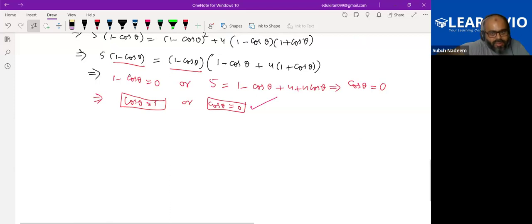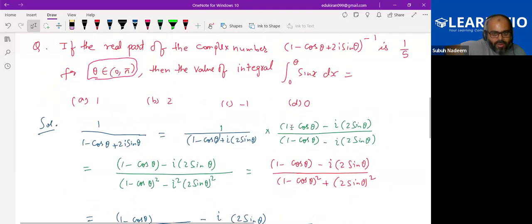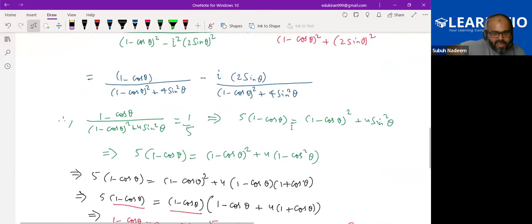So you can take this value of cos theta, but this value you can't take because cos theta is equal to 1 when theta is equal to 0, and theta equal to 0 is not included. So theta equal to pi by 2 is included. Now it says the value of integral 0 to theta of sin x dx.